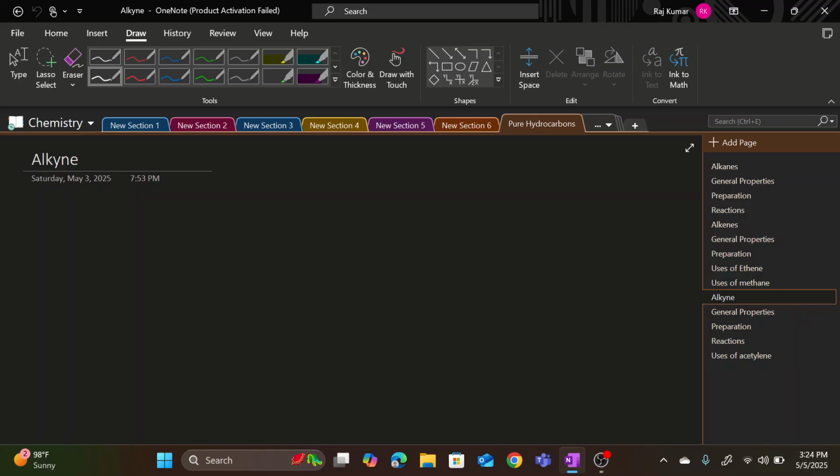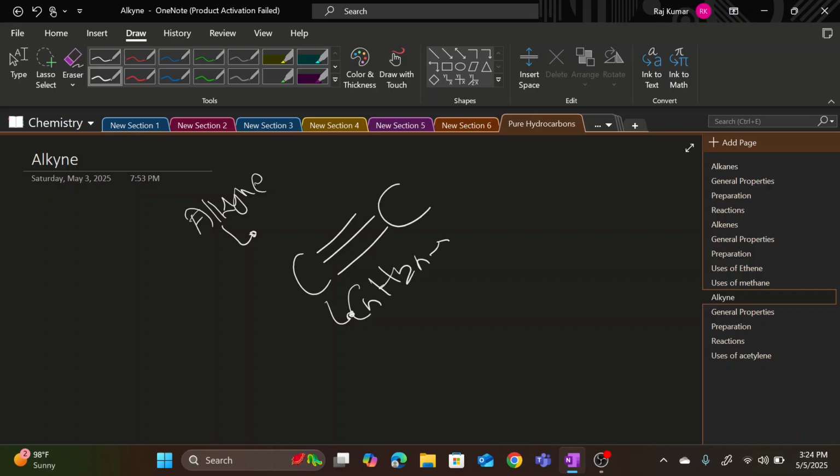Alkynes are hydrocarbons which have a triple bond. If you look into their structure, first its formula is CnH2n minus 2.